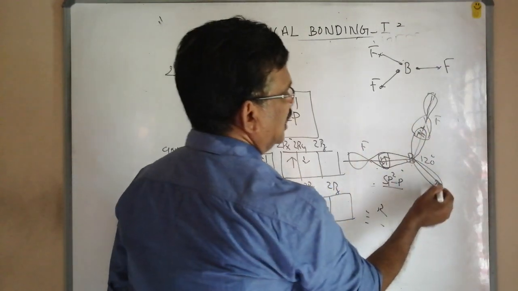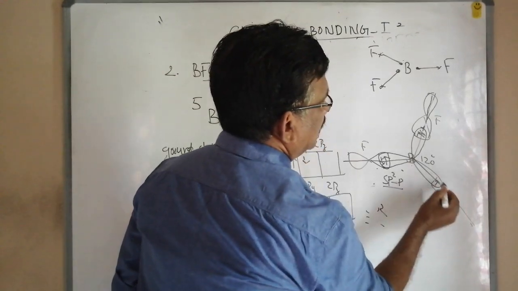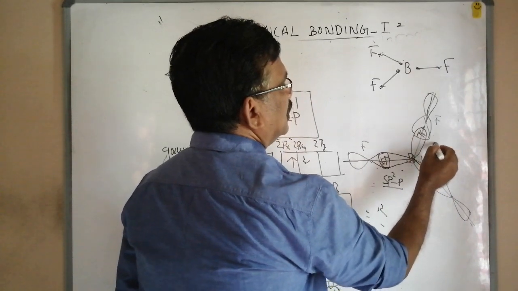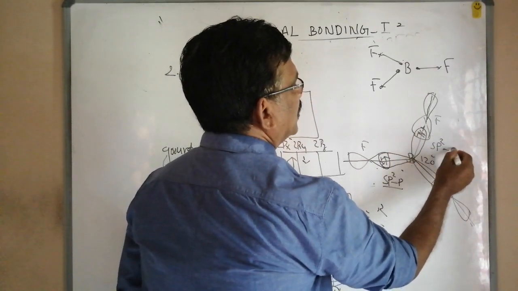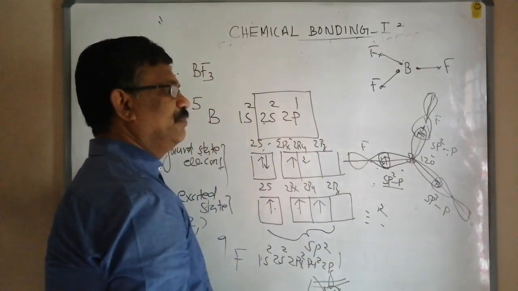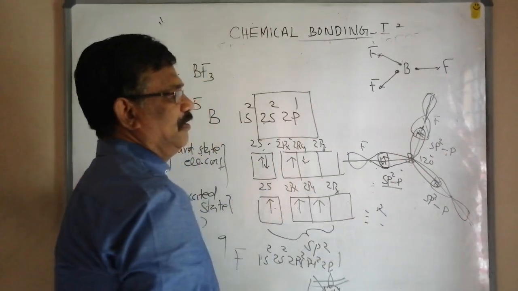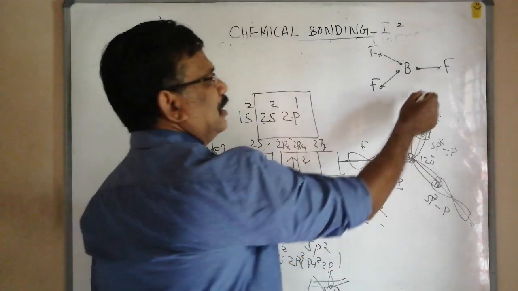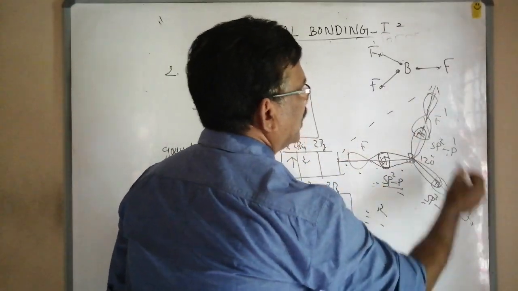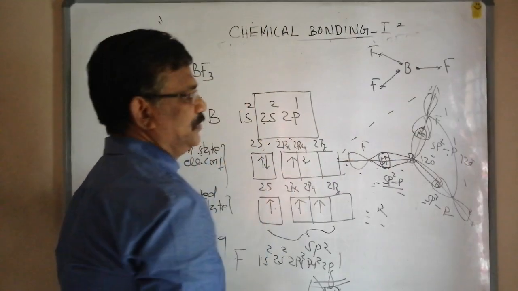The third fluorine overlaps here. All overlaps are sp2-p overlapping, the same orbital overlap. So the bond strength and bond length are the same, and BF3 is produced. It is triangular planar, and the bond angle is 120 degrees.